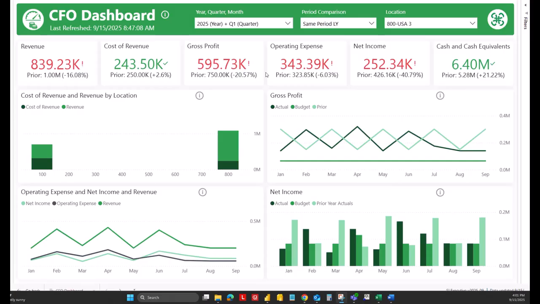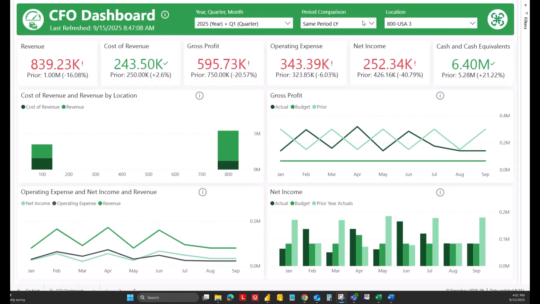And the slicers at the top enable you to see the data for a selected period and location, and then compare the metrics to either same period last year or previous period.